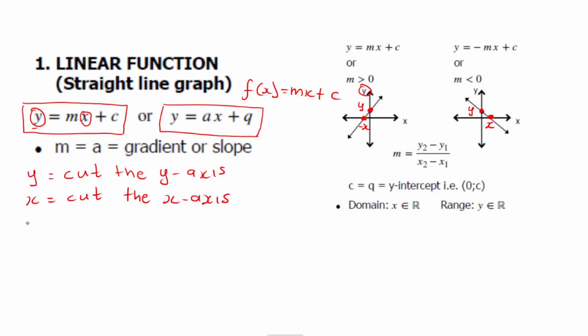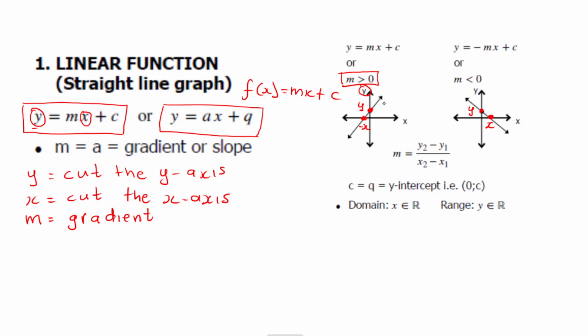Now, if you look at the m, in the previous video we said this small letter m represents the gradient. So this is the gradient, or the slope, of the graph. The gradient can be positive or negative. For example, in this one the gradient is positive, which means your graph goes from the first quadrant to the third quadrant.